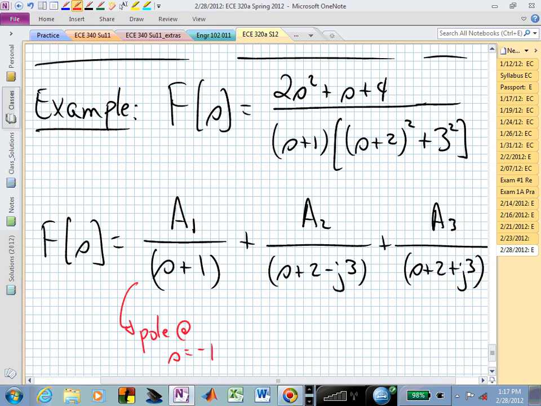It's where that factor vanishes, the value of s. That's at -1. Where is the pole located for this second term?